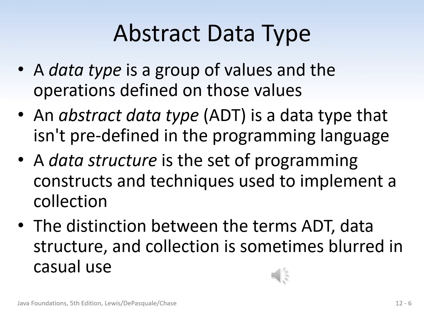A data structure is a set of programming constructs and techniques used to implement a collection. However, the distinction between abstract data type, data structure, and collection is often blurred in casual use. The difference between the three is minimal.